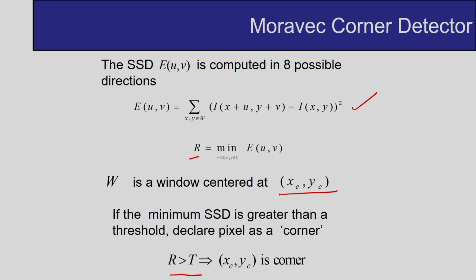So, I have to find the SSD that indicates the intensity changes, the intensity difference that I am observing for 8 directions, and based on this I am considering the response. The response is R. If the response is greater than a particular threshold, that corresponds to the corner points.